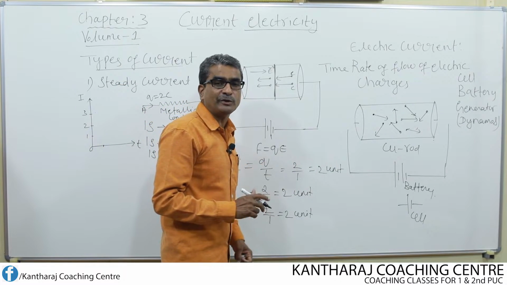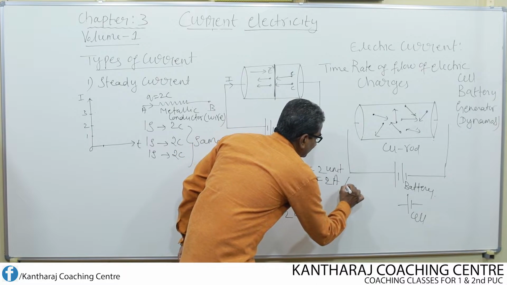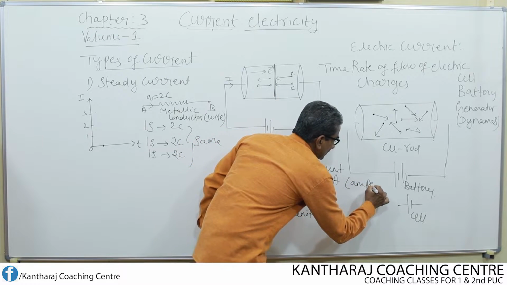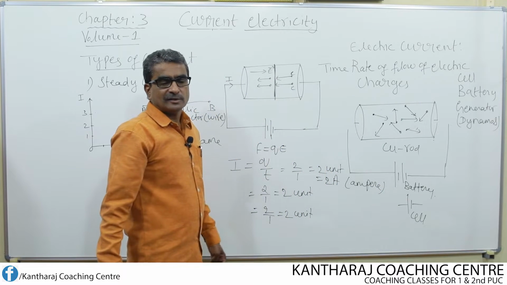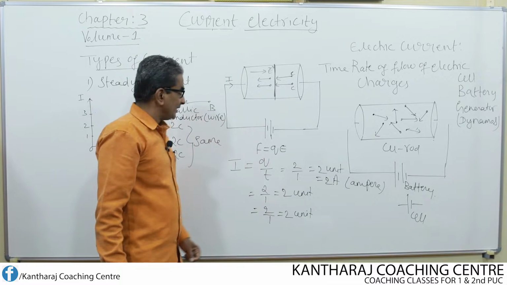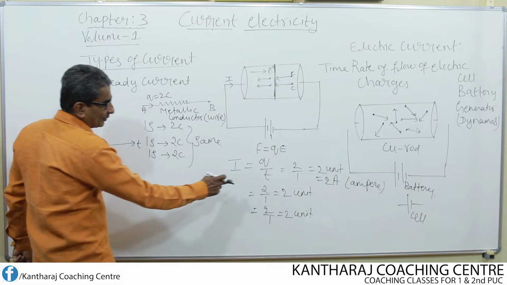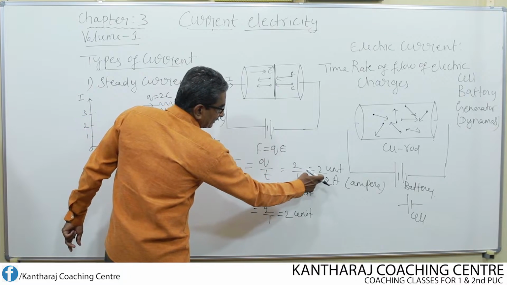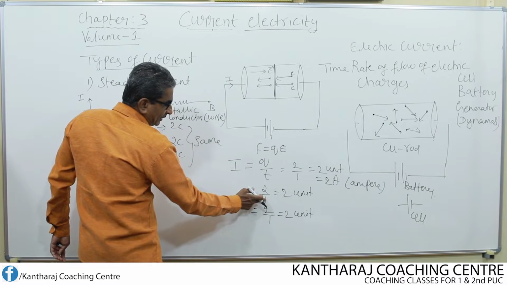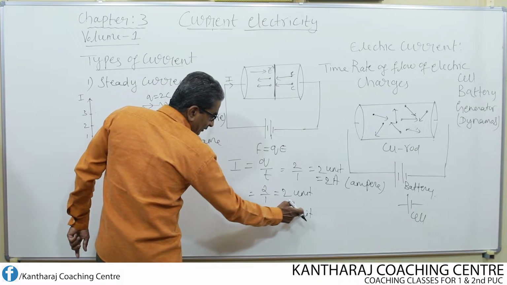I wrote here 2 unit, which means 2 ampere. So after 1 second, what the current? 2 ampere. Again after next 1 second, 2 ampere. Next 1 second, 2 ampere.